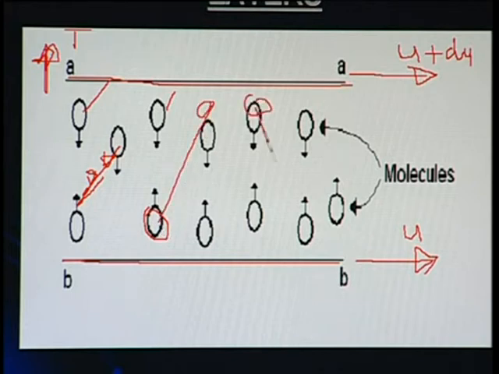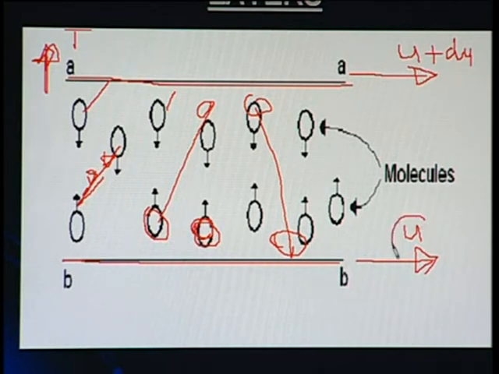So this causes a momentum exchange, because this molecule has momentum, mass of the molecule multiplied by the velocity at which it is moving. When this molecule moves from this layer to this layer, in that case what happens? This momentum is changed, by mass into velocity of this layer.